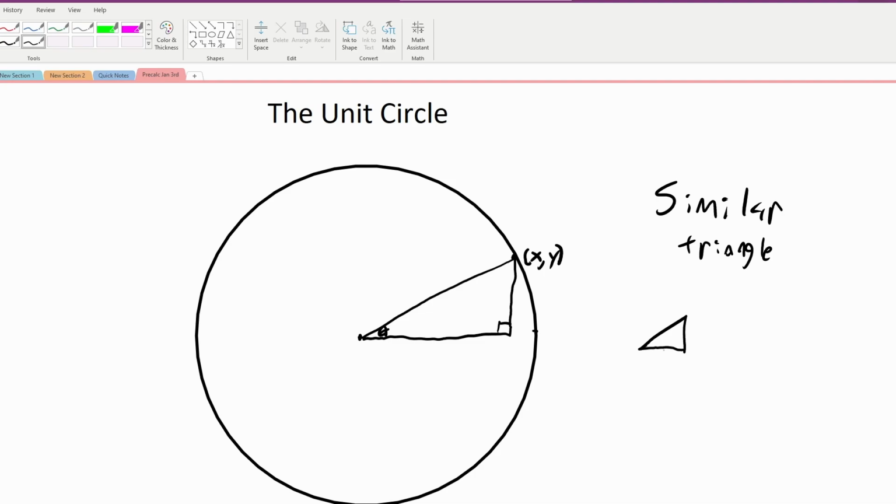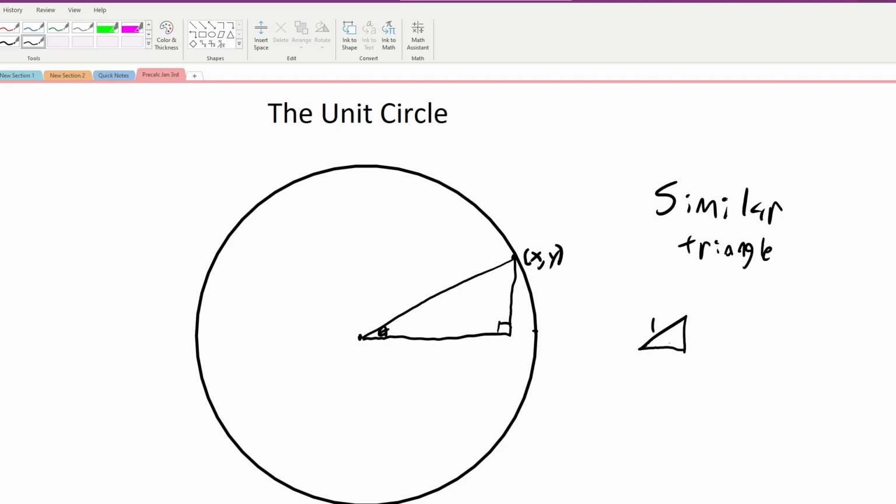So essentially, all similar triangles are the same shape, and they're just dilations or magnifications, either smaller or larger versions. And this unit circle is a particular dilation where the hypotenuse is 1, and the x and y coordinates are some values between -1 and 1.